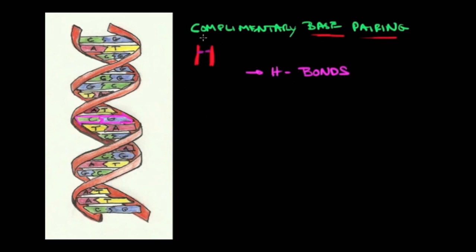And by complementary, I mean that they only bind to certain complementary bases. This is a very complicated word to say that, for example, cytosine will only bind to guanine, like we see here, cytosine and guanine base.